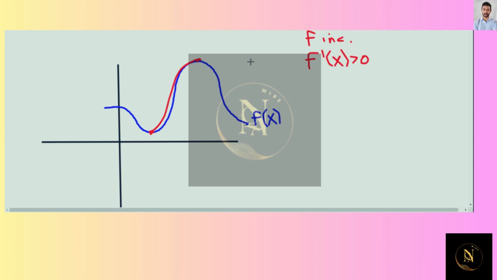F is decreasing, so our function f will be decreasing when its derivative f prime of x is negative or less than 0. So a function will be increasing when its derivative is positive, and a function will be decreasing when its derivative is negative.